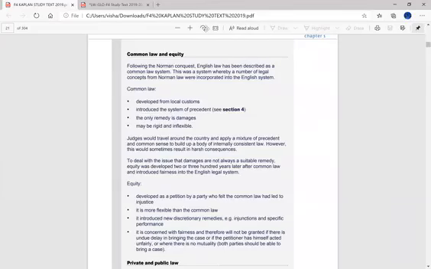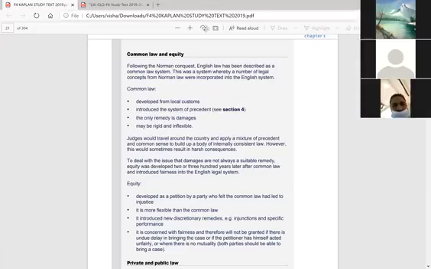In this, what happens is that judges are asked to travel around the country, because this is English law, so they are going to move around the UK and they are going to check whether people are applying law in their daily lives or not. Are they working according to the law or are they not following the law? Where the law is not being followed, they are going to make the people face the consequences.